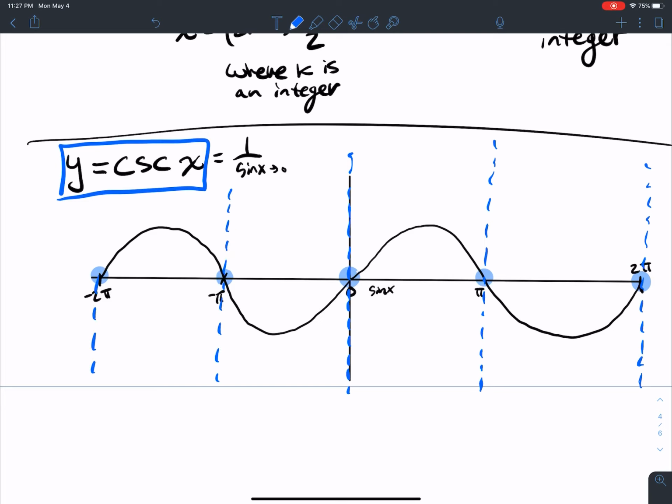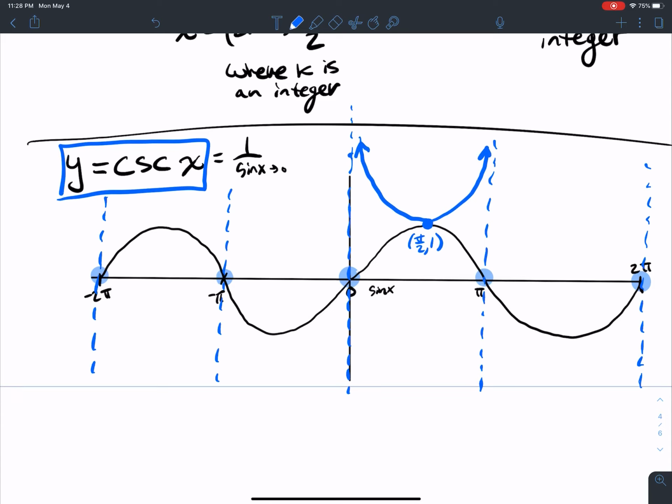Now, how do we graph the cosecant? This is where it's kind of cool. We're reflecting here. This value here is at pi over 2, comma 1, and it curves up just like this, following these asymptotes.